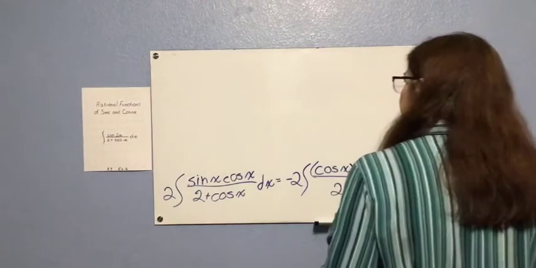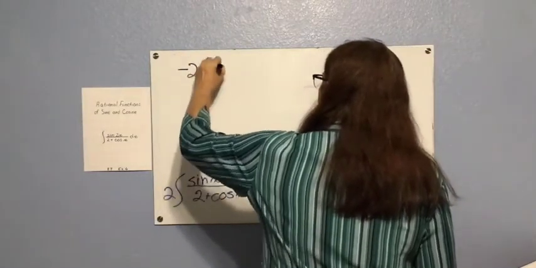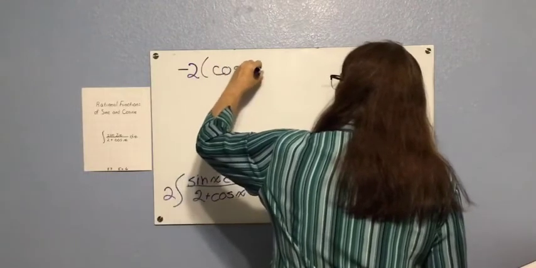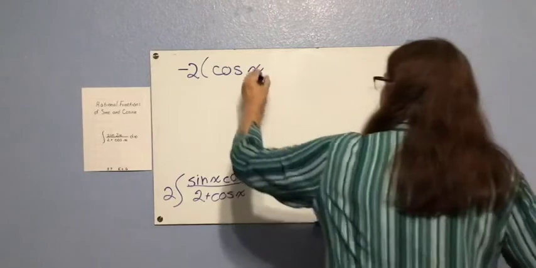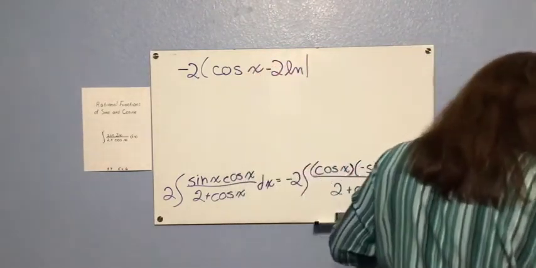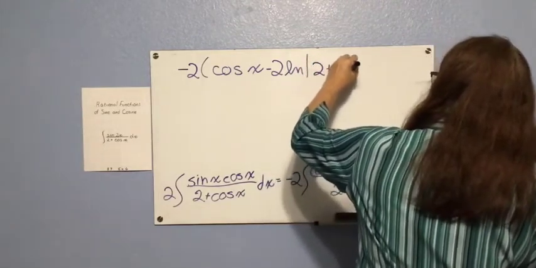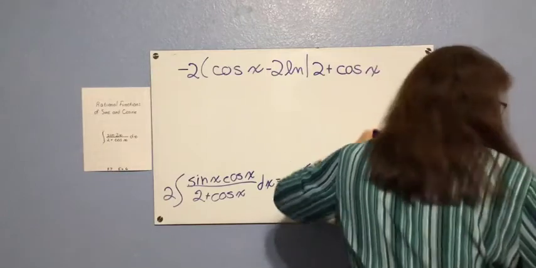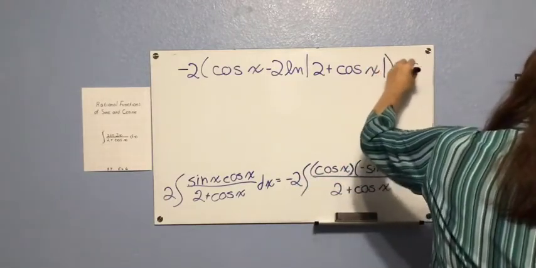We can simplify this a little more and get negative 2 times cosine x minus 2 times the natural log of the absolute value 2 plus cosine x plus a constant.